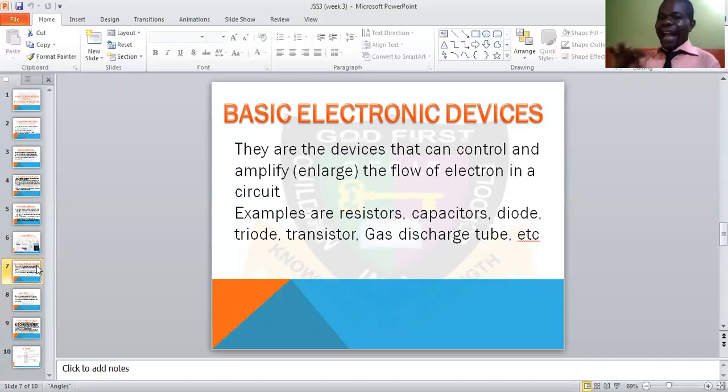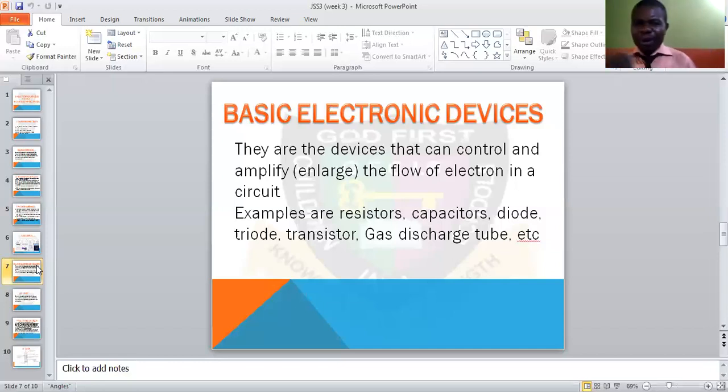So the ones that enlarge, amplify or control the flow of electrons in that circuit are the basic electronic devices we are talking about. Examples are the resistor, capacitor, the diode, the triode, the transistor, gas discharge tube, and so many others.